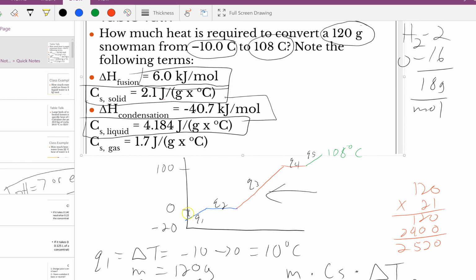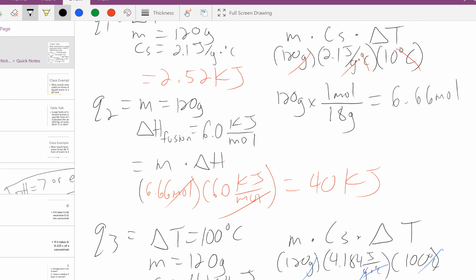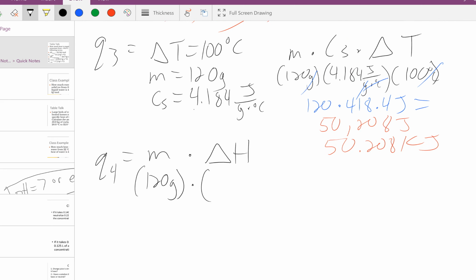Now this is talking about condensation, when it's going from a gas to a liquid. And we know that anytime there's a phase change, the value is still the same, but if we're going in the opposite direction, we change the sign. So for delta H boiling, or vaporization, the value is going to be equal to positive 40.7 kilojoules per mole.